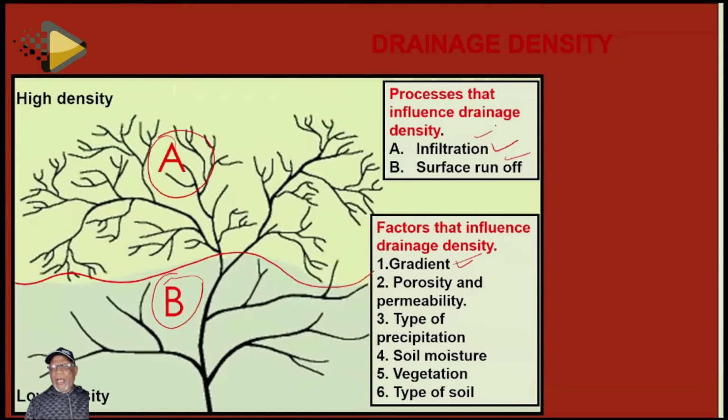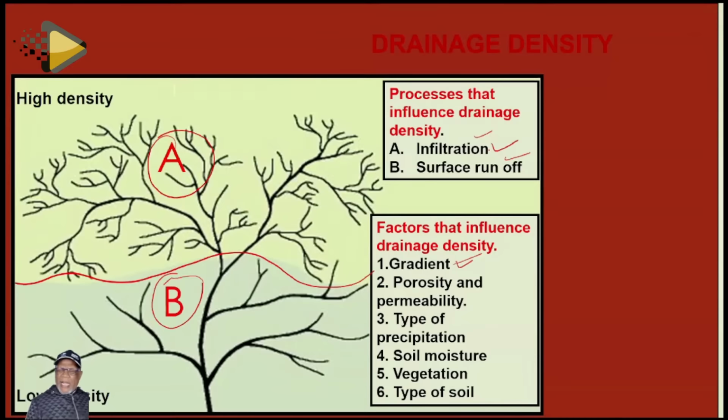Sometimes they say, explain how vegetation influenced density at A. Then you say at A, there is less vegetation. Because of less vegetation, there is more surface runoff and less infiltration. That is why the density at A is higher.